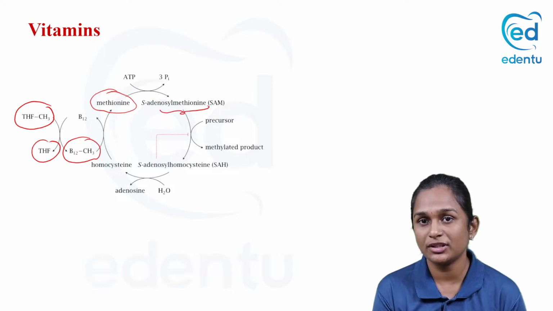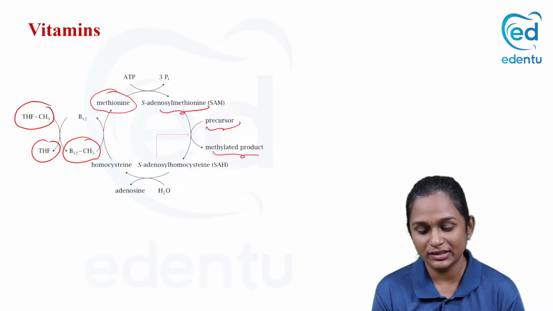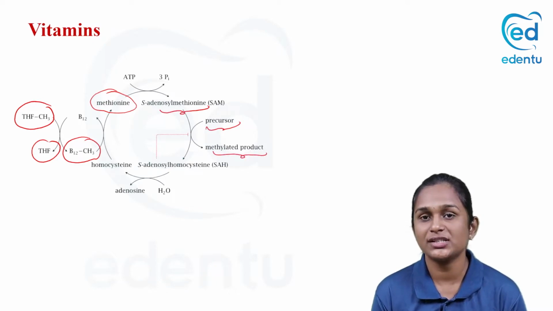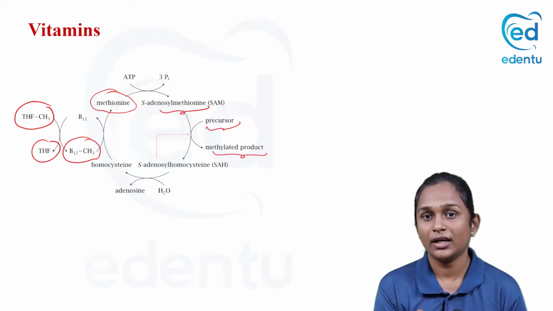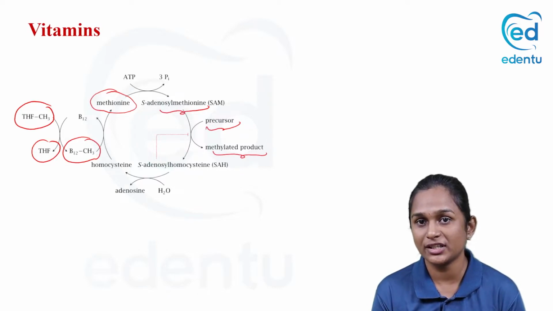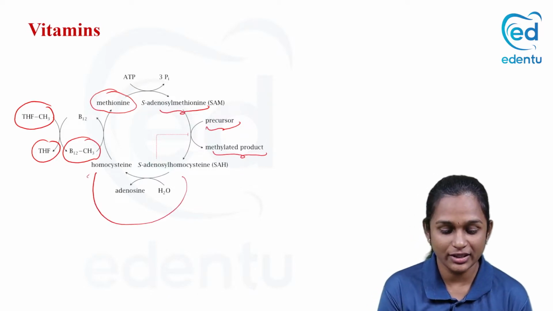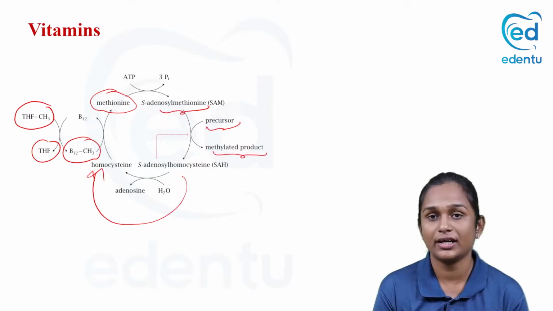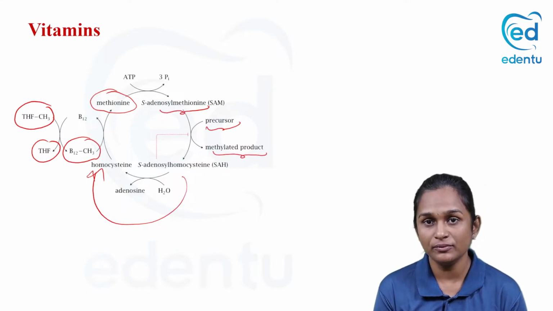Only S-adenosyl methionine can donate the methyl group. It donates the methyl group to a precursor and converts that into a methylated precursor, and it forms S-adenosyl homocysteine. And this adenosine is cleaved from S-adenosyl homocysteine finally to release homocysteine, and the cycle again continues. So this is how the methyl group is donated.